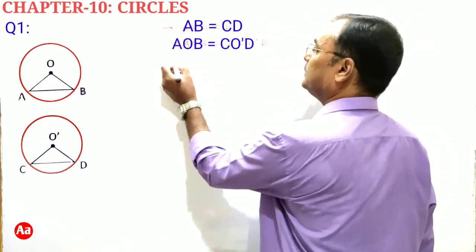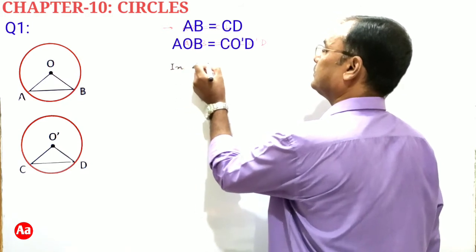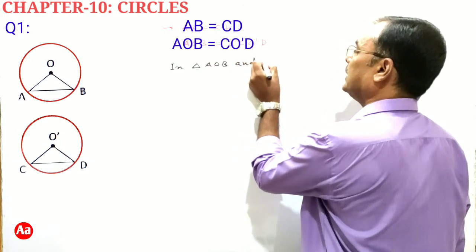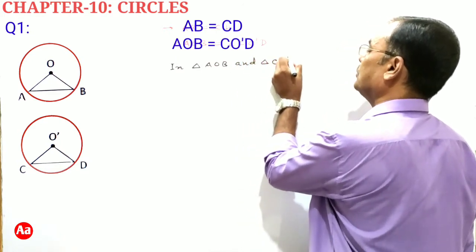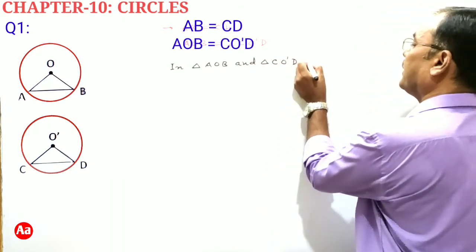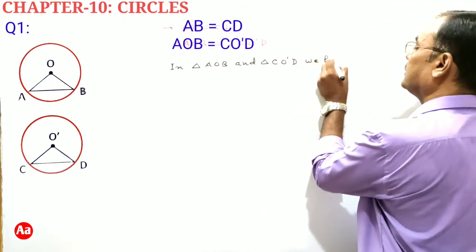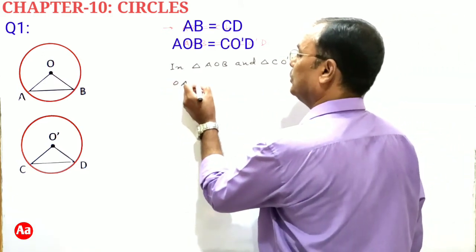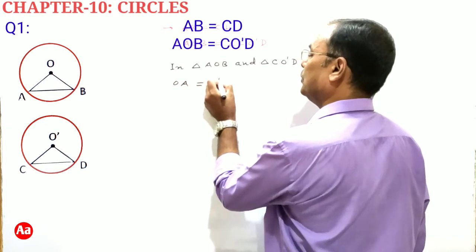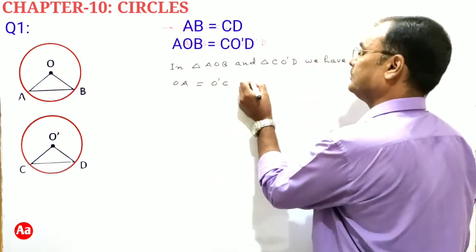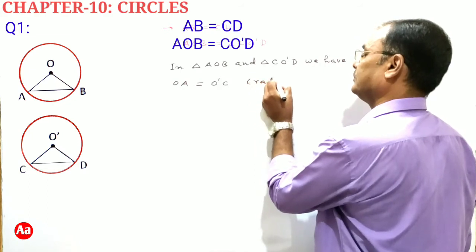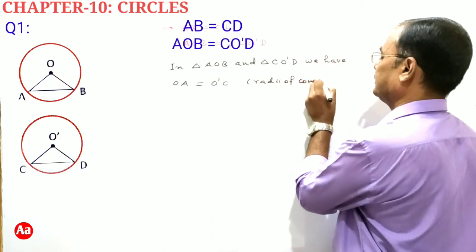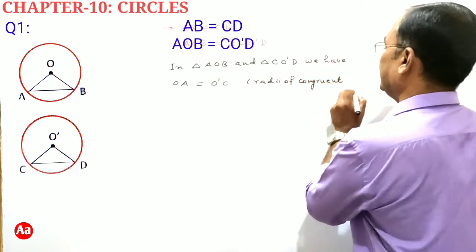So in triangle AOB and CO'D, we have OA is equal to O'C, radii of congruent circles.